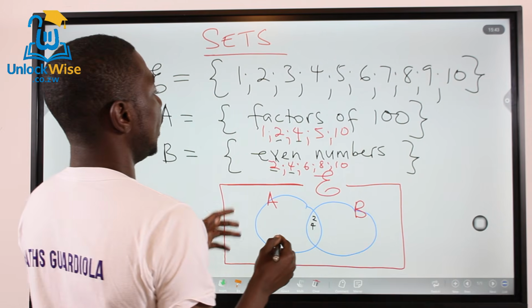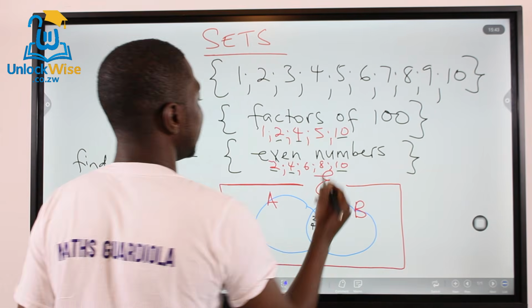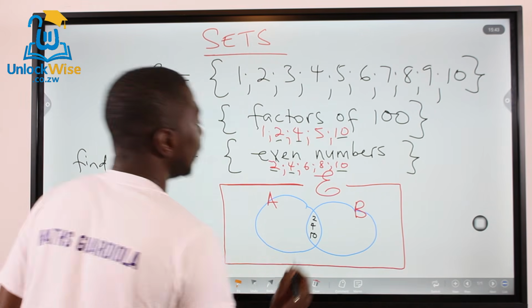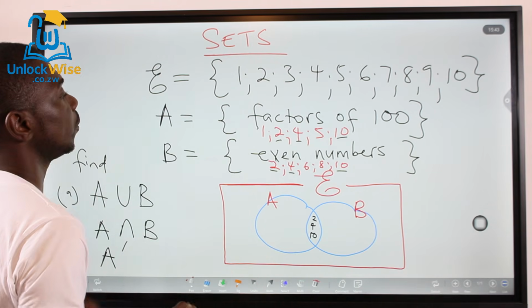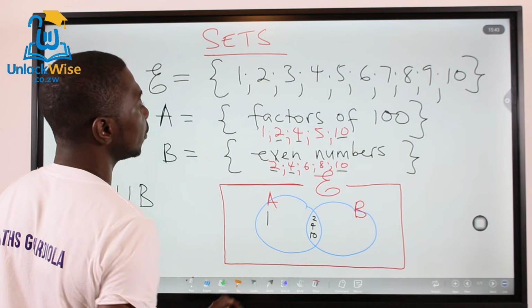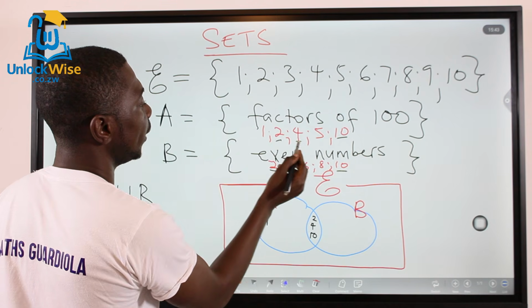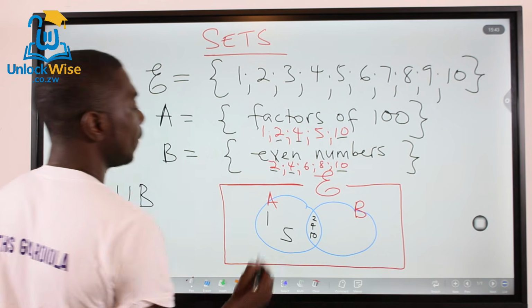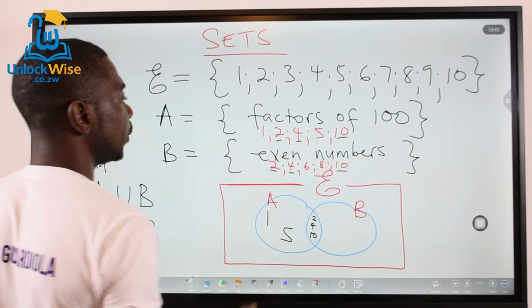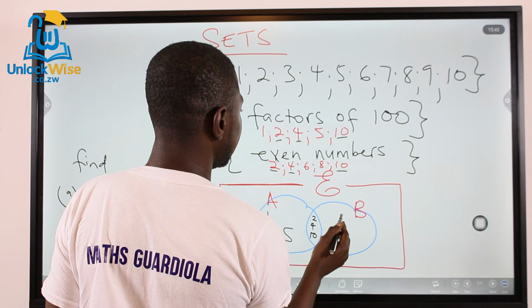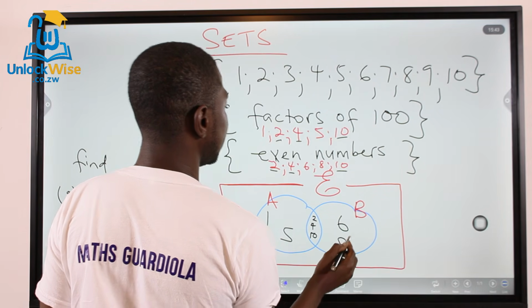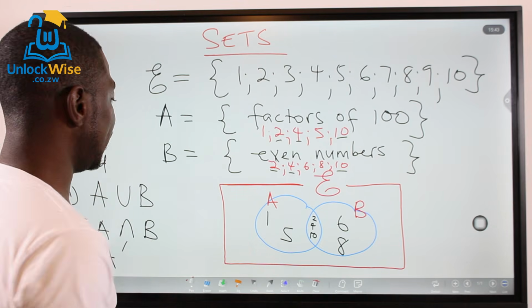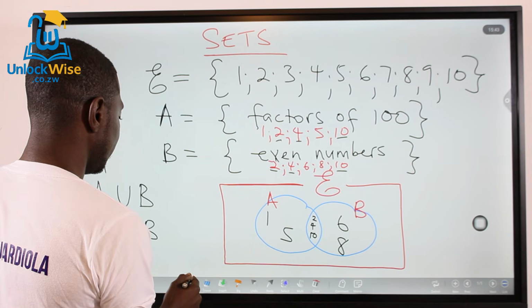And we also have 10 here and 10 here, so we will write our 10. Then the others who fall into this for A, 1 and 5. Then for B, we have 6 and 8.